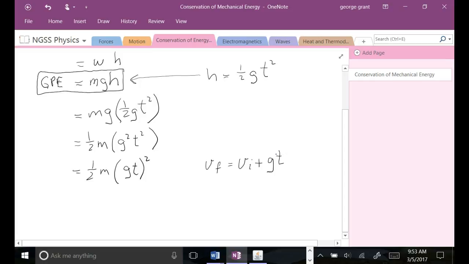I'm going to assume, not making this any more complicated than it needs to be, that this started from 0. Okay, so where I have the gt, I'm going to plug in velocity. So this is 1/2 mv squared. And this is the formula for the energy of motion or kinetic energy.